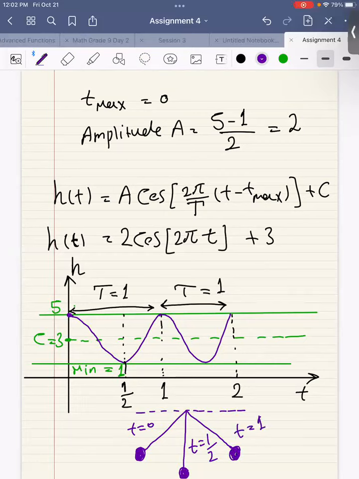And at t equal to 2, it goes back to the original position. And then goes back. Okay?